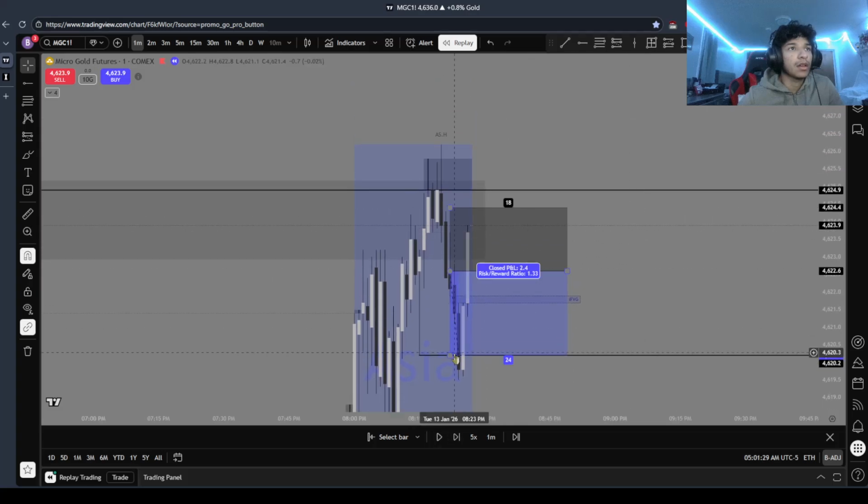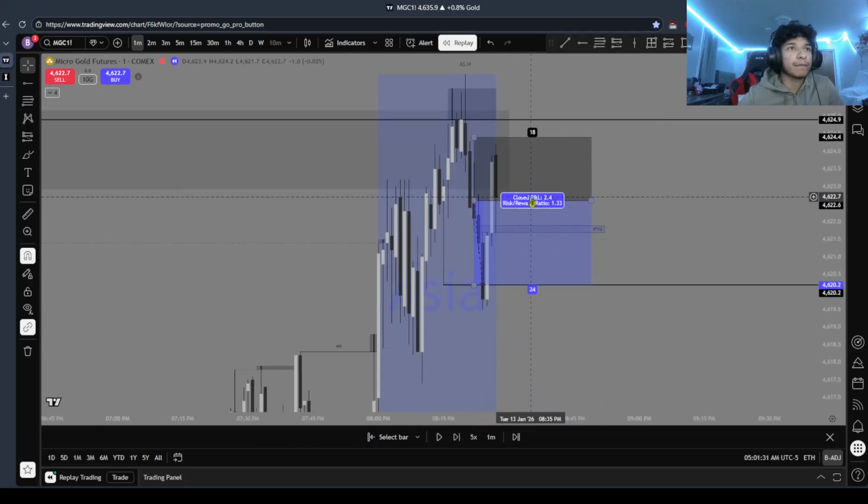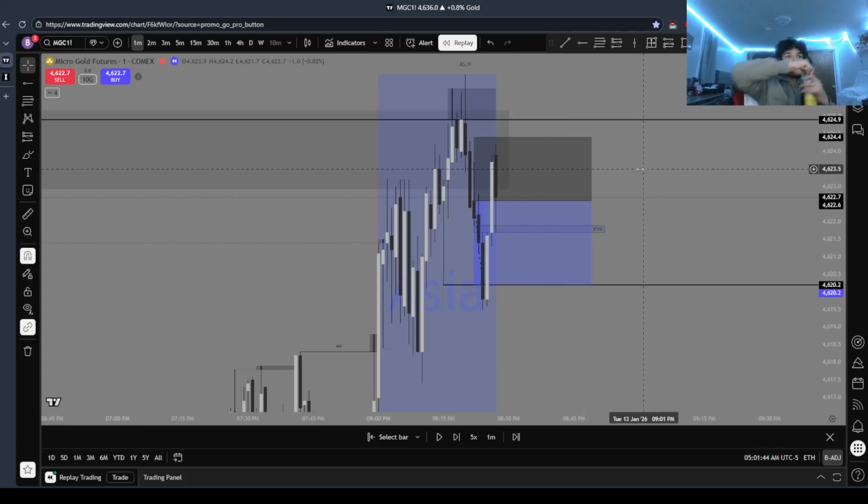Boom, price reverses right there. So that is what the setup would have been. It was just so tight, up here it was 18.6, stop loss of 18.6.